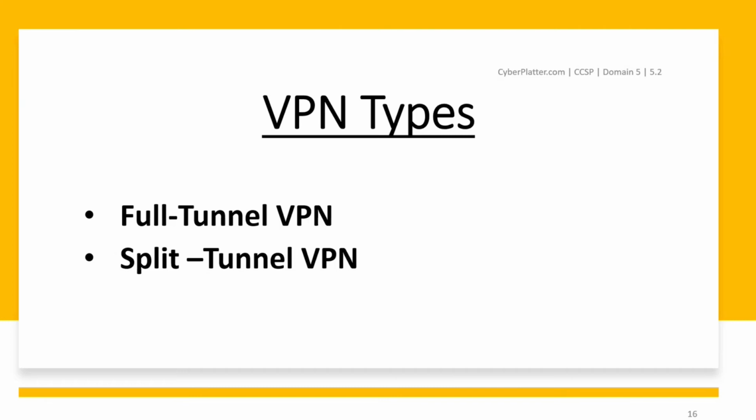In this strategy, all corporate mobile devices are configured to automatically connect to the VPN whenever they are powered on. This takes control away from the end user and ensures that traffic leaving the device is always protected by strong encryption.